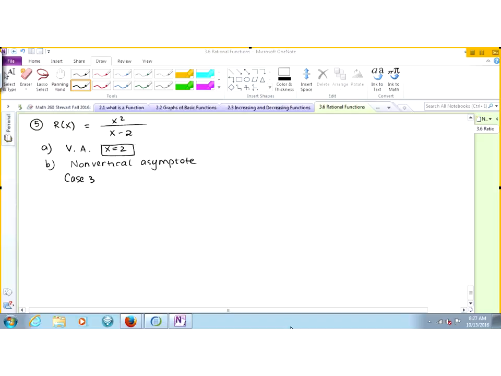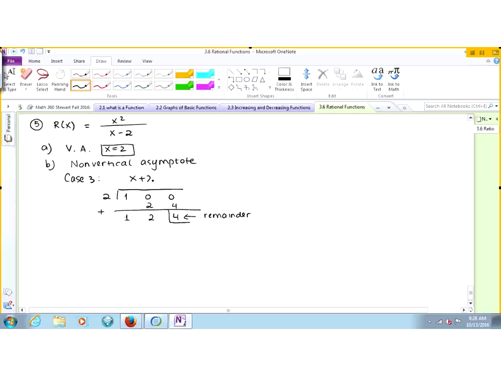Can we do synthetic division here? Yeah, we can. The divisor is x minus 2. So how do we do synthetic? 1, 0, 0, 2, right? So bring down the 1, 1 times 2 is 2, 0 plus 2 is 2, 2 times 2 is 4, so this is 4. What do we do with the remainder? We ignore it.